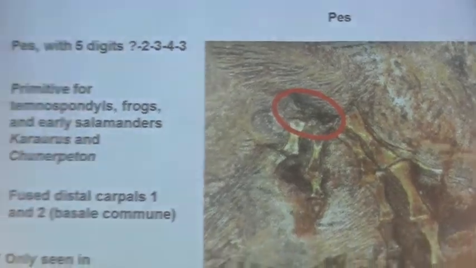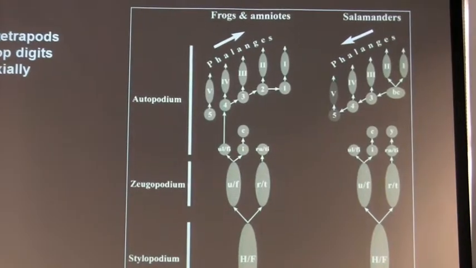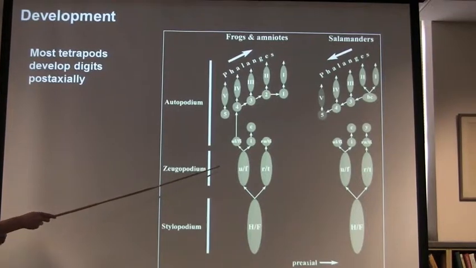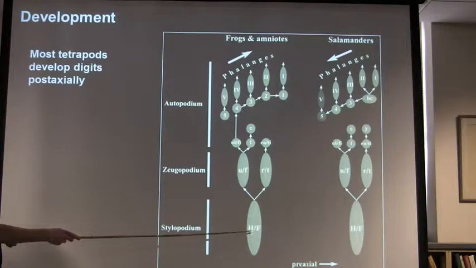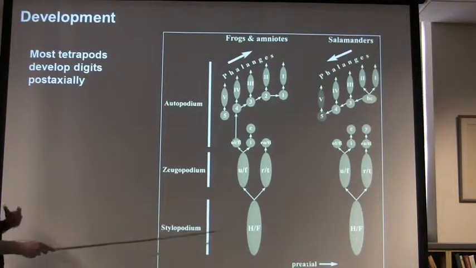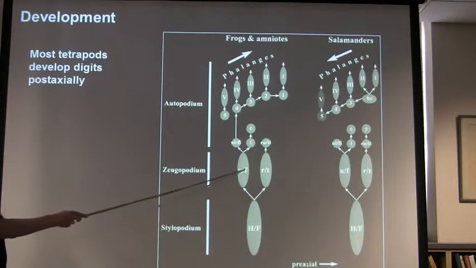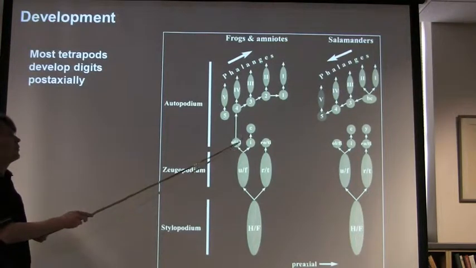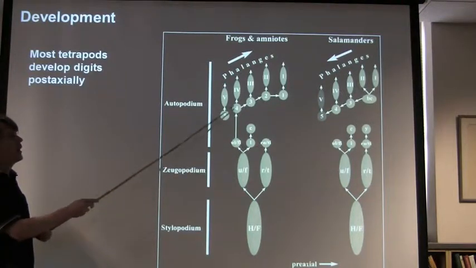Why is this important? Well, this is a unique synapomorphy otherwise only seen in salamanders, and it is suggestive of a particular developmental mechanism of digit development. Most tetrapods, frogs and amniotes, develop their limbs in a stereotyped way, where proximal elements of the limbs, so humerus, femur, and then ulna, radius, or tibia, fibula, ossify first, and then the proximal carpal and tarsal rows, and then the establishment of digit 4.